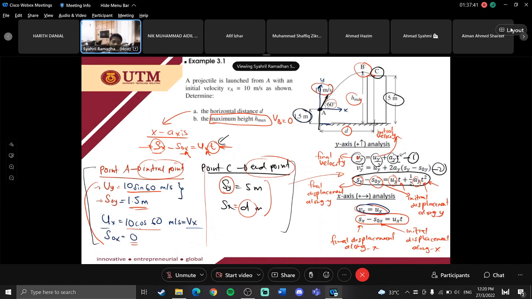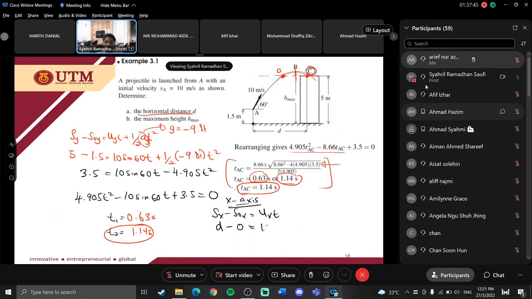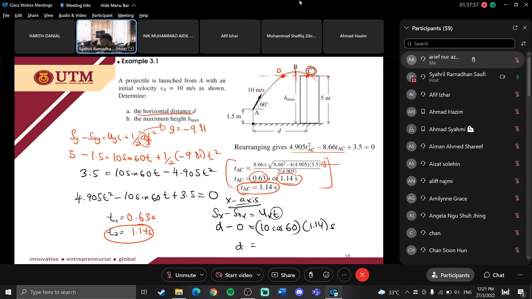So ux is 10 cos 60, times the time, which is 1.14 second. Then you will get the distance. Based on the book, the answer is 5.7 meter.